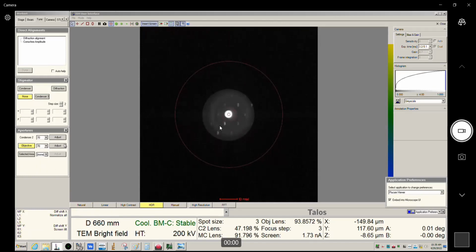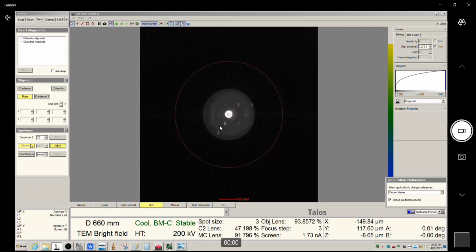All right, it looks pretty good. One thing I'd like to point out with the apertures is that when you take them out and change them, they will go back to the same position that you had them before, but there's always a little bit of hysteresis with that. So I wouldn't just blindly assume that when you take them out and put them back in they're going right back to the same spot. You always want to verify that.